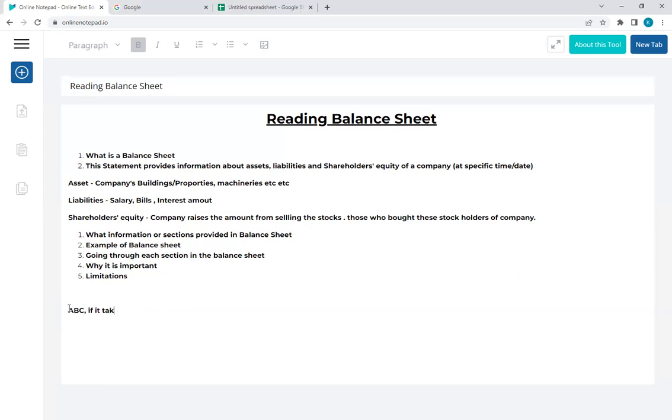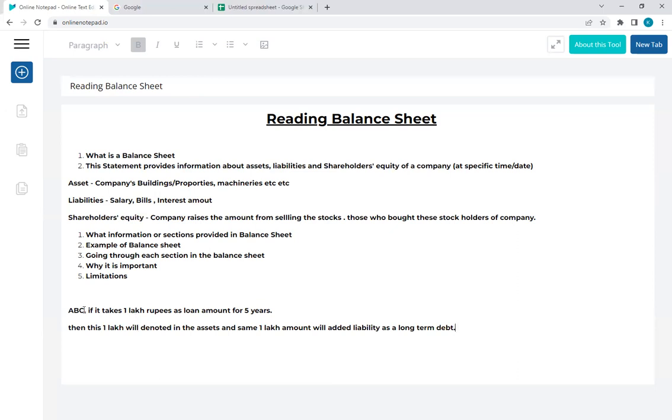If it takes 1 lakh rupees as a loan amount for 5 years, then this 1 lakh will be denoted in the assets, and the same 1 lakh amount will be added in the liabilities as a long-term debt.